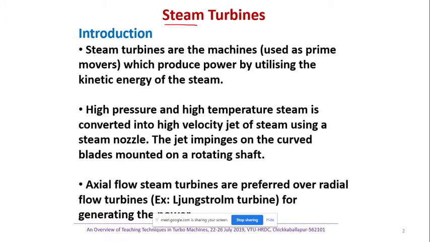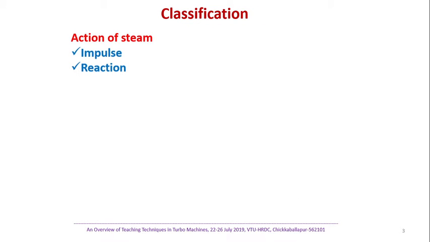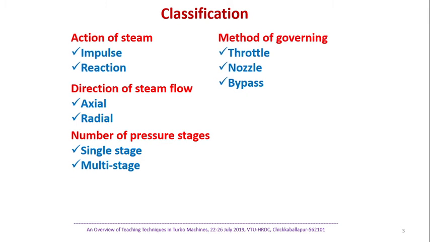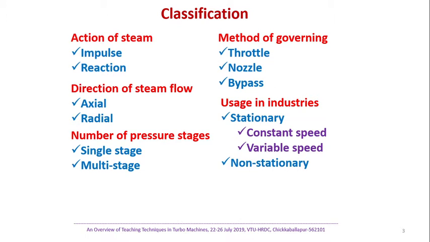Now coming to examples of steam turbines, it can be the Ljungström turbine, which is given over here, for generating power. The classification of steam turbines: action of steam, impulse or reaction; direction of steam flow, axial or radial; number of pressure stages, single stage or multi-stage; method of governing, throttle, nozzle, bypass; usage in industry, stationary, non-stationary.